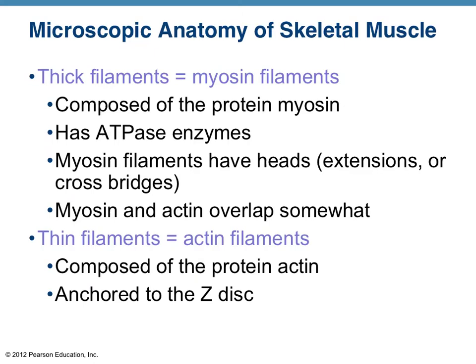A comparison between the two filaments: the myosin being the thick and the actin being the thin filaments. These are the proteins that slide by one another. And in fact, more than just sliding by, one of them grabs onto the other and pulls, which causes the shortening.